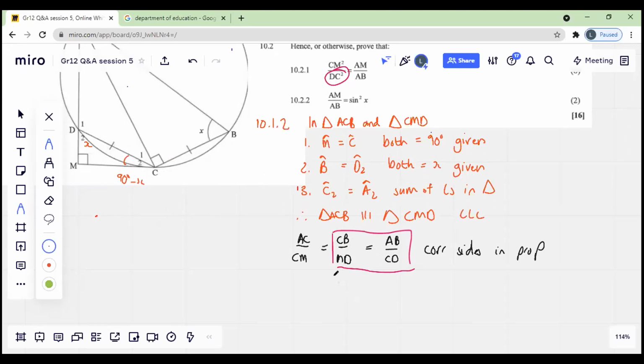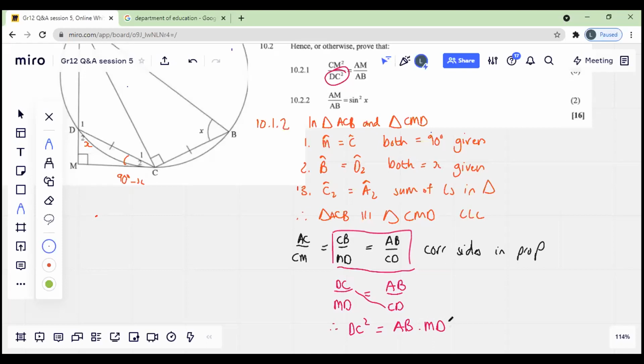So CB is equal to DC. So DC over MD is equal to AB over CD. Cross multiply, and that's going to give me DC squared or CD squared. It really doesn't matter. Let's go DC squared because that's what they gave us in the answer, is equal to AB times MD. Okay, so now I've got one part of my problem, all right?